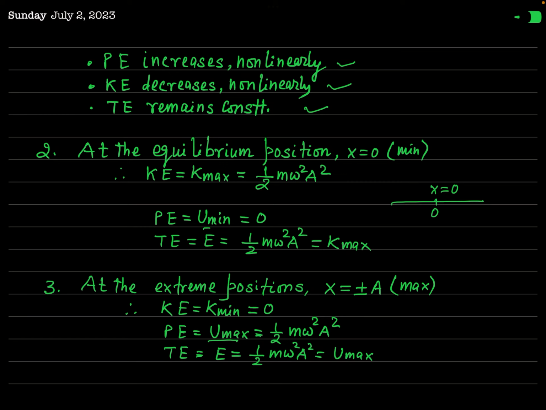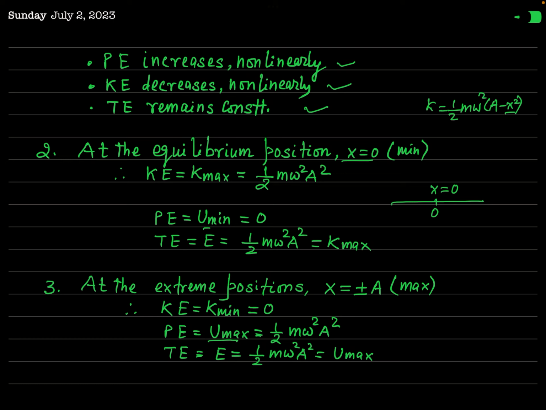So let us see. The expression for kinetic energy is half m omega square (a square minus x square). And here we will substitute x equal to 0, which is the minimum value of x. When you subtract the minimum, you get the maximum.